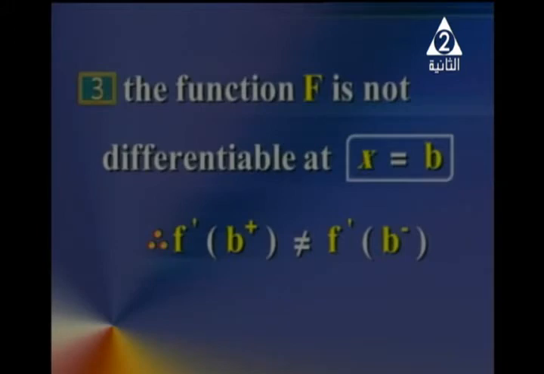If it is differentiable at x equals b, we deduce f dash b positive equals f dash b negative. But in this case, dear student, f is not differentiable at x equals b. Why? Because f dash b positive not equal f dash b negative.